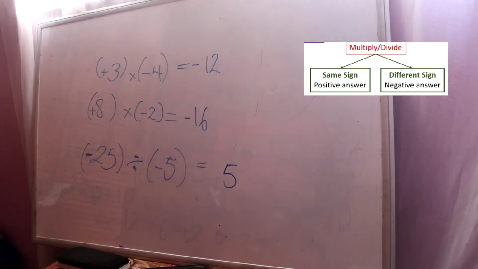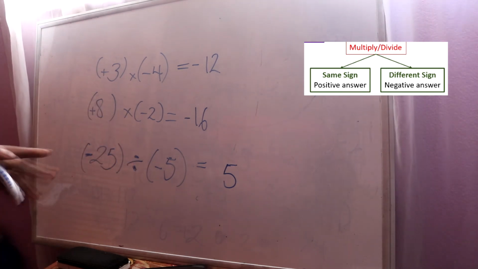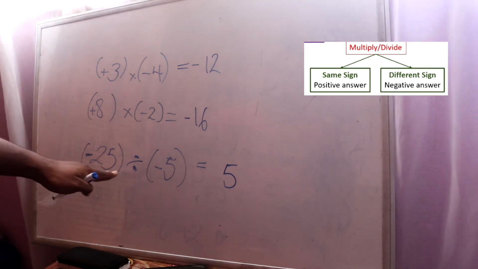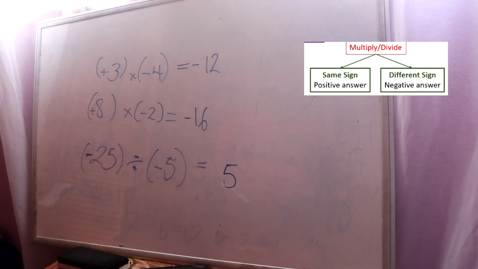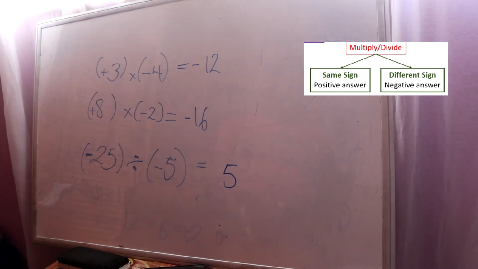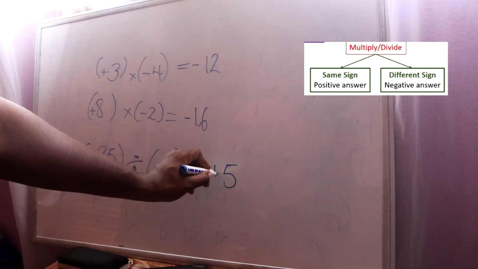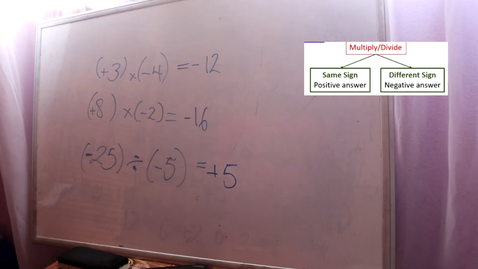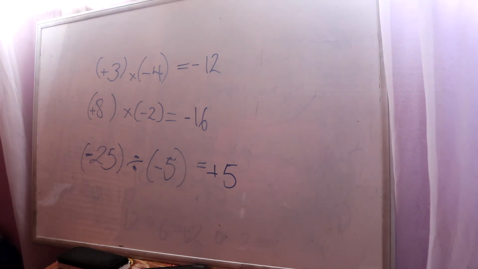Question: is it going to be negative 5 or positive 5? Well, we have a negative 25 here and a negative 5 here, so the signs are indeed the same, and when the signs are the same, our answer is positive. That's how you do multiplying and dividing with directed numbers.